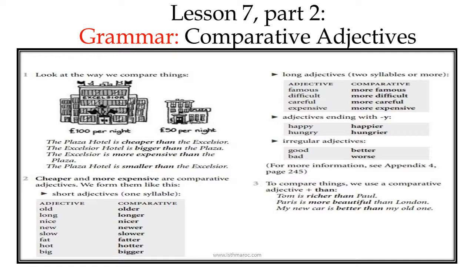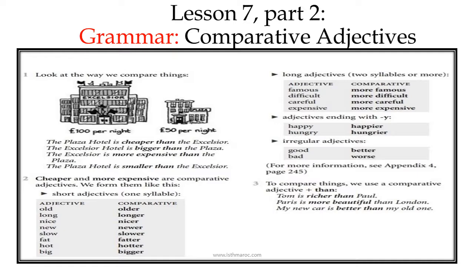So B is consonant, I is vowel, and G is consonant. So we double G. It's the same thing for example with hot. H is consonant, O is vowel, and T is consonant. So when we want to compare two things or two people, for example, Faz is hotter than Ifran. So the T must be doubled.